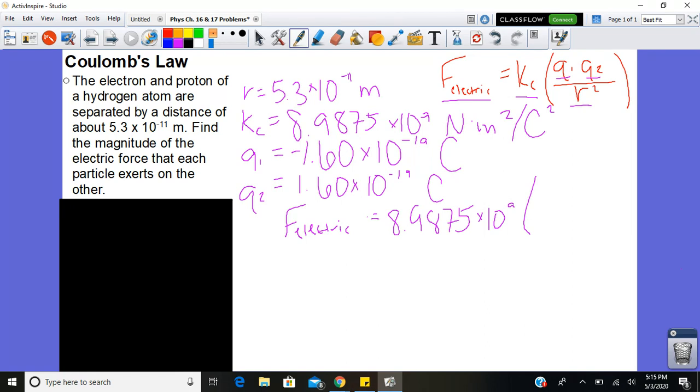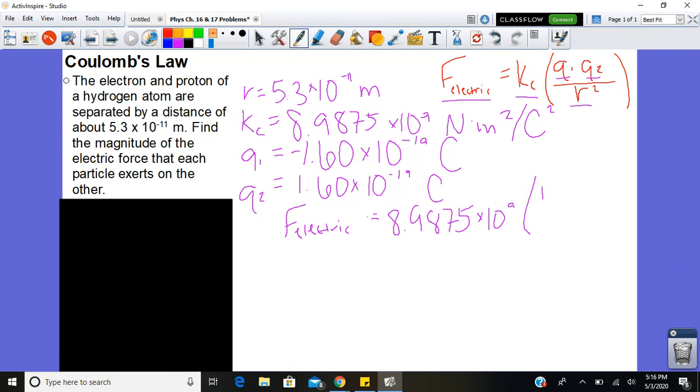And since we are finding the magnitude of the electric force, okay, electric force is a vector, but since we're finding magnitude, we don't need to worry about the signs of our charges. Okay, the signs just tell us if it's attractive or repulsive. So since we find magnitude, I can ignore those.